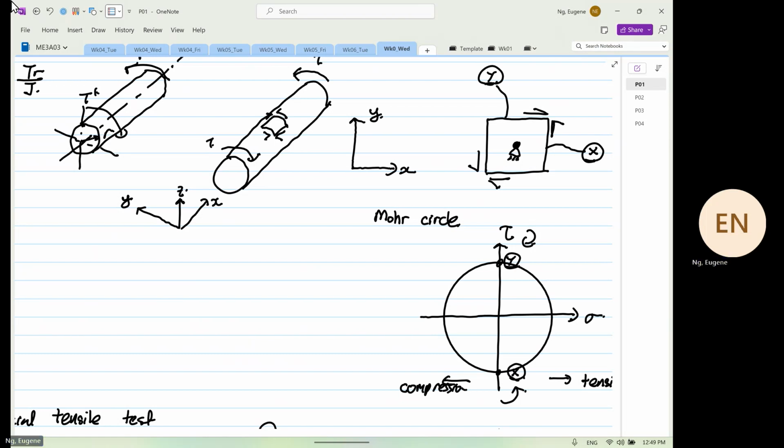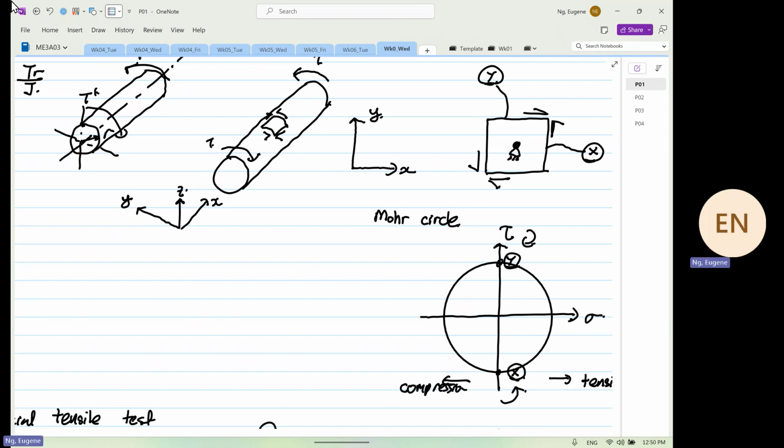It's okay. Okay, so now, I know this has been shown in 2P. We go a step further. How we are going further is we are going to look at what? Mohr's circle. Okay? We're going to look at Mohr's circle.